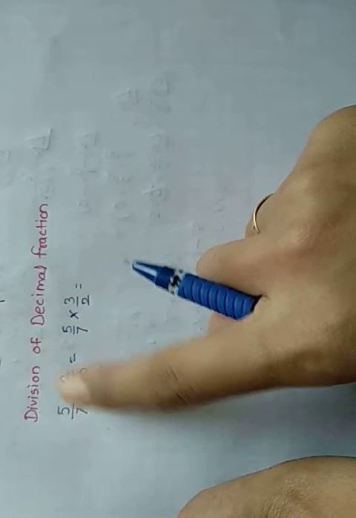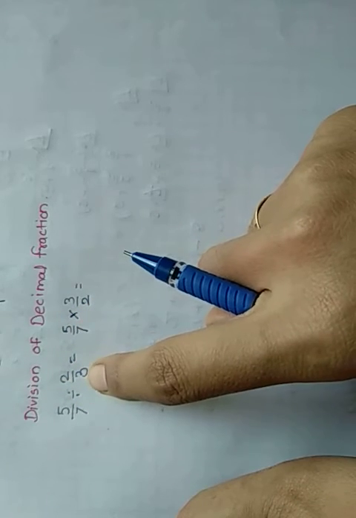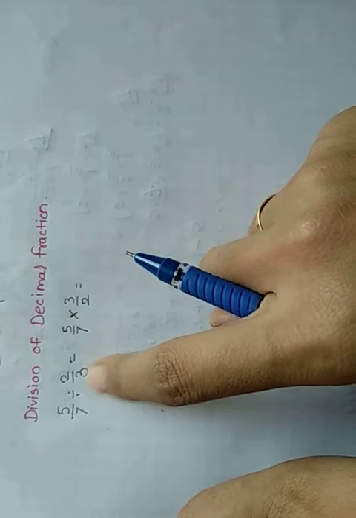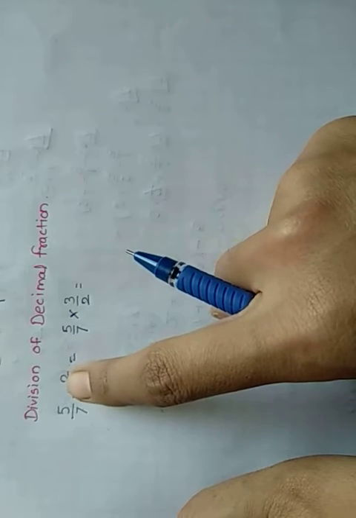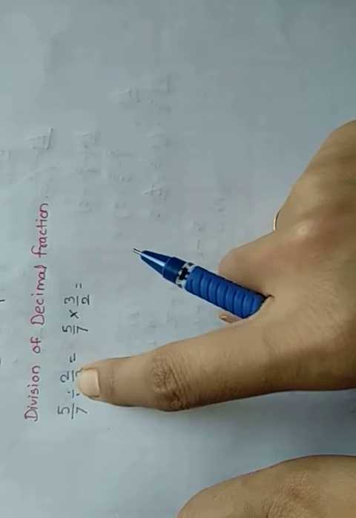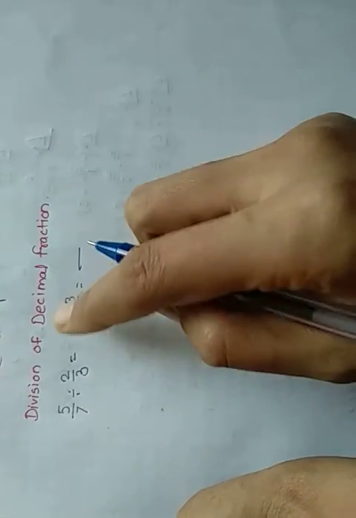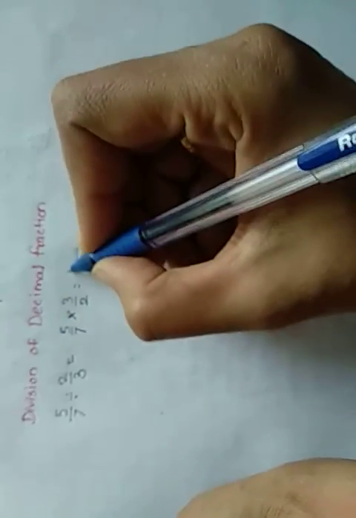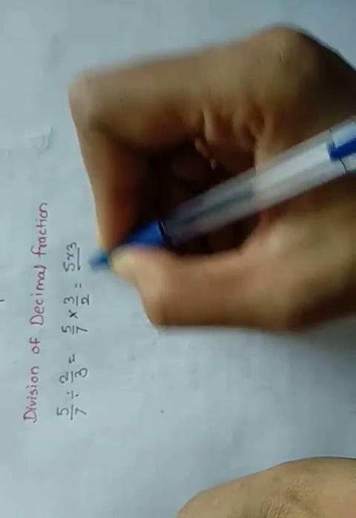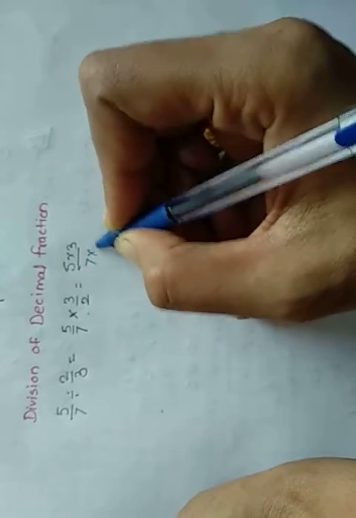First convert the division sign into multiplication and take the multiplicative inverse of the second fraction. So the multiplicative inverse of 2 upon 3 is 3 upon 2. Now simple multiplication, numerator with numerator, that is 5 into 3, and denominator with denominator, that is 7 into 2.